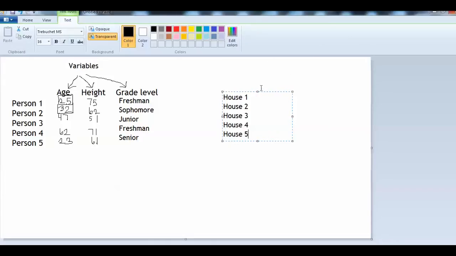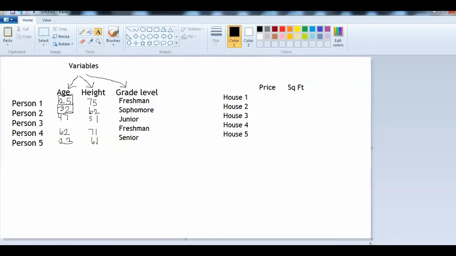Maybe we want to record the price of each house, the size of each house in square feet, and maybe, what's another thing we could record? The number of bedrooms. I'm running out of space.